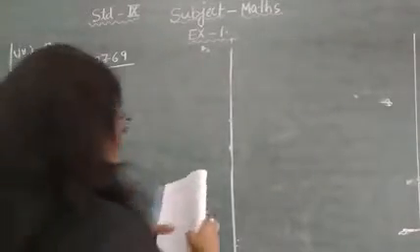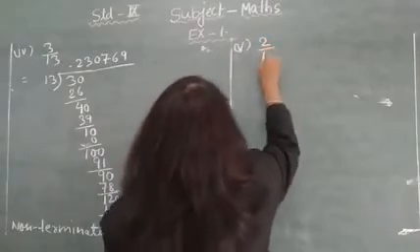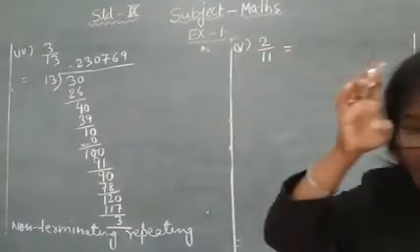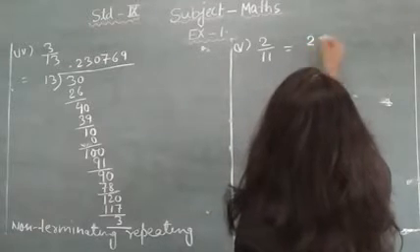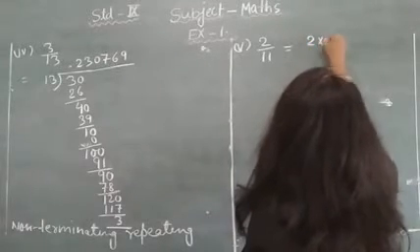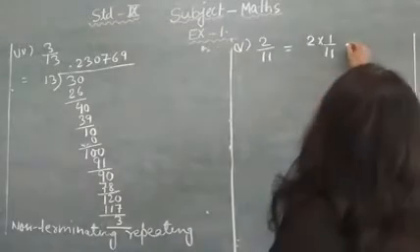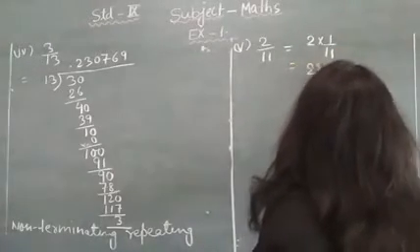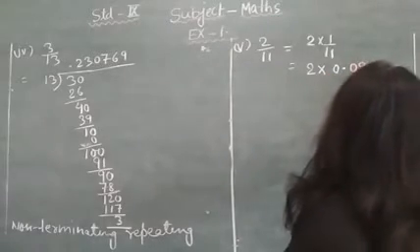Now come to the next one, the fifth one, 2/11. As we had seen, 2/11 can be written as 2 into 1/11. 1/11, what we have seen, was 0.09.